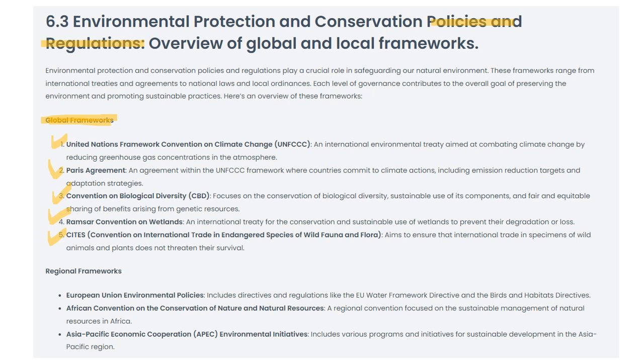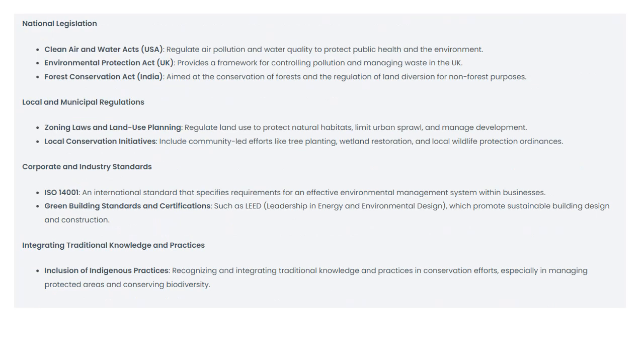So this is the global framework, and then the regional framework. There are many regional ones in Europe, in Africa, in Asia, and in other parts of the world. Then at national level, we can give many examples from the USA, UK, India, and other countries.